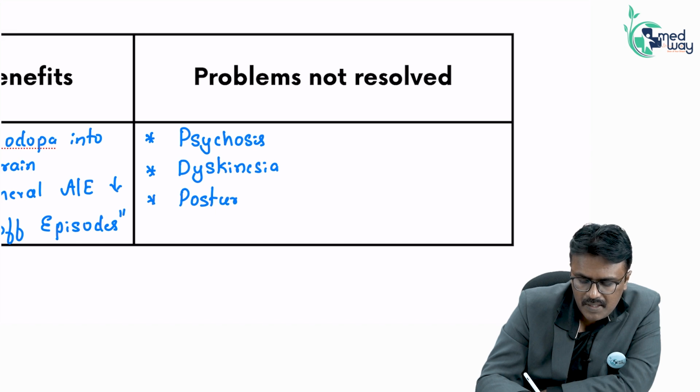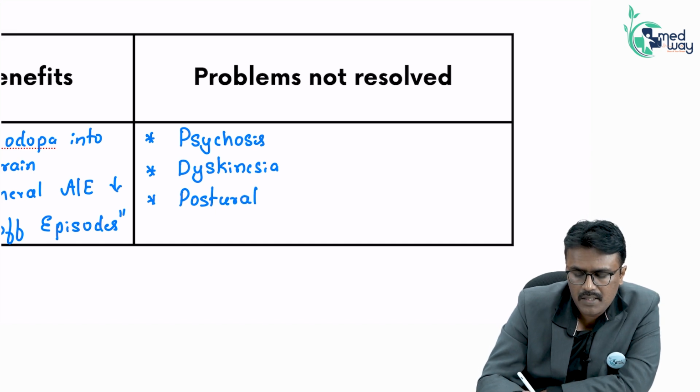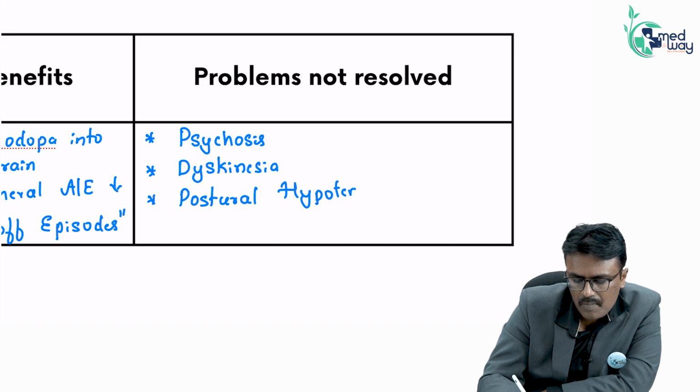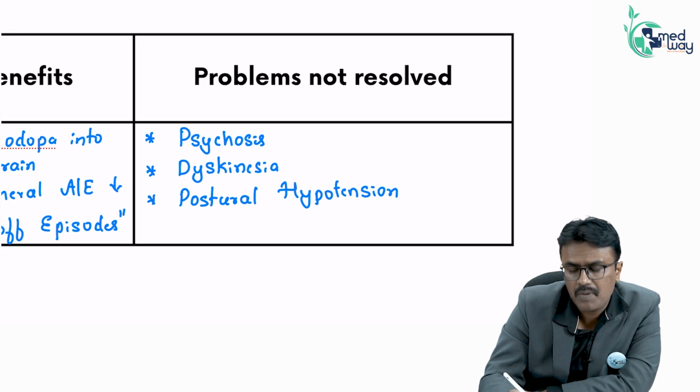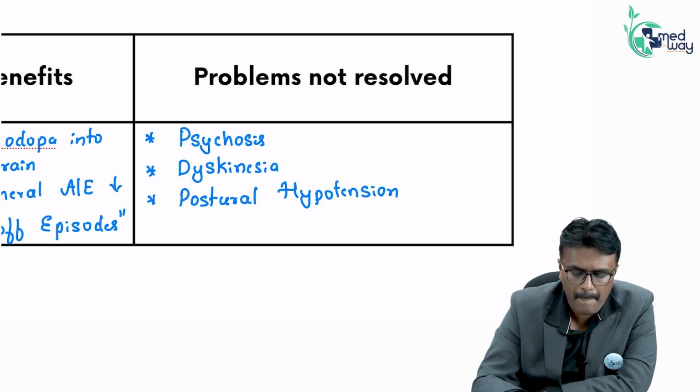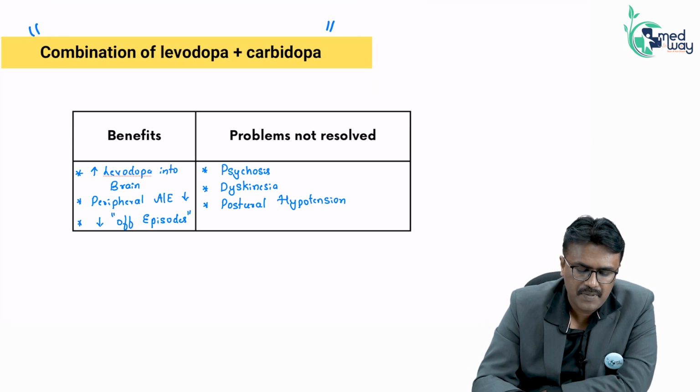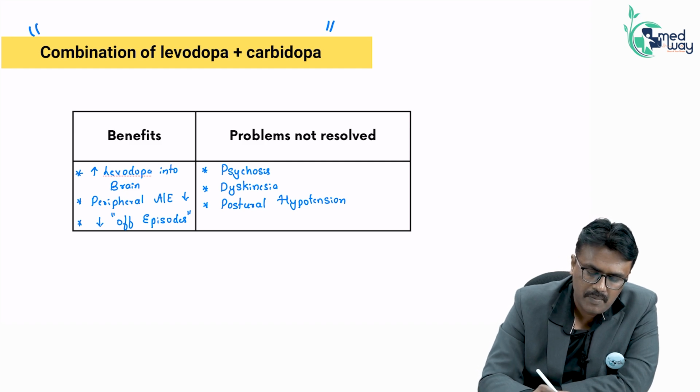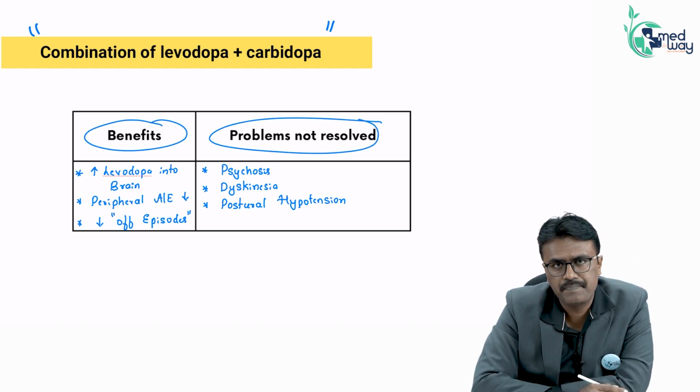I told you this drug can cause it, and that problem is also not resolved by this combination. Theoretically it should have been resolved, but practically the resolution is not seen. So this is the combination of levodopa and carbidopa, the benefits and what problems are not solved.